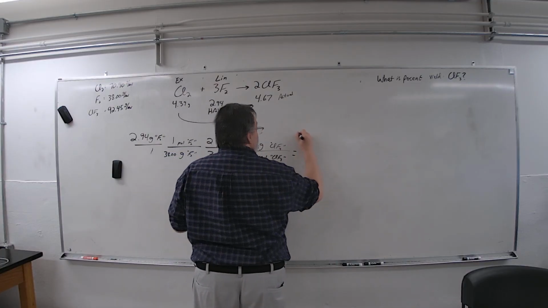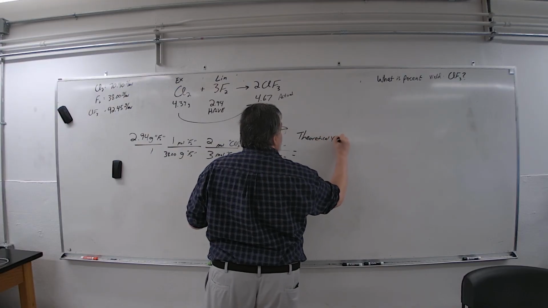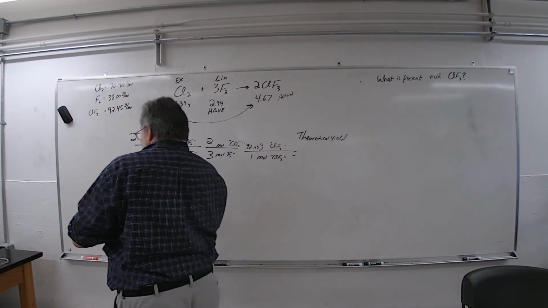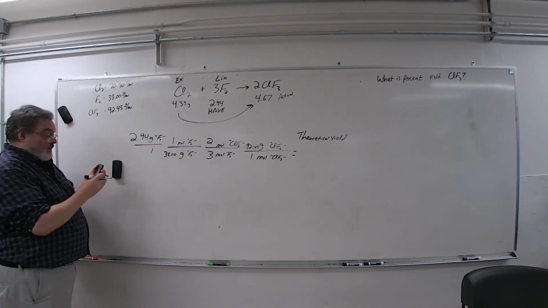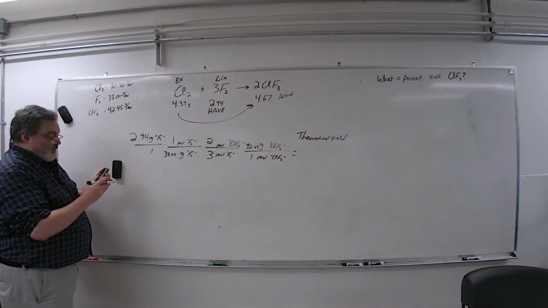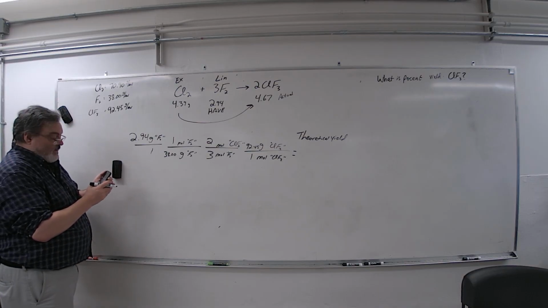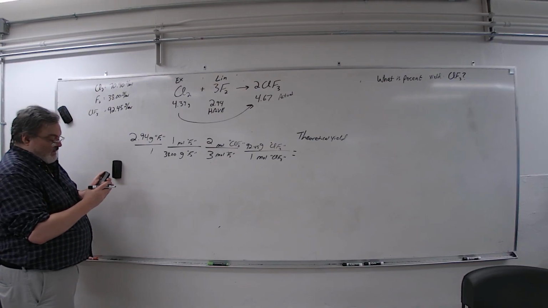And 2.94 times 2 times 92.45 divided by 38.00 divided by 3.